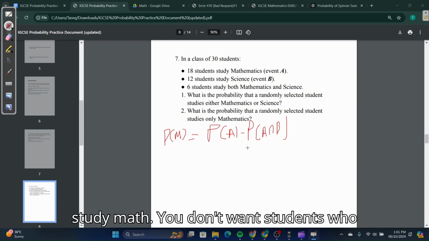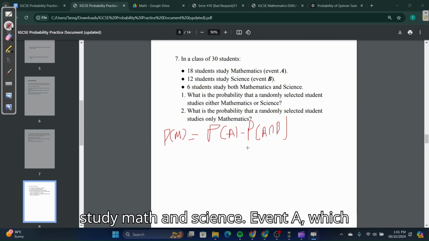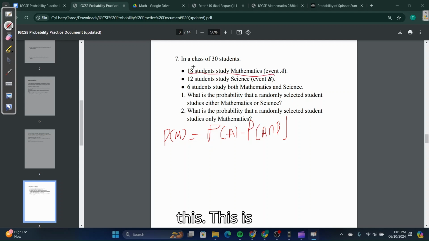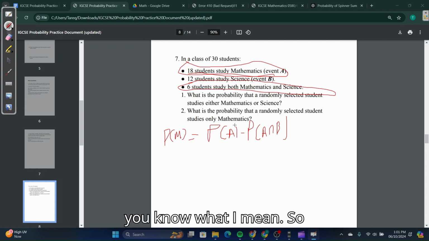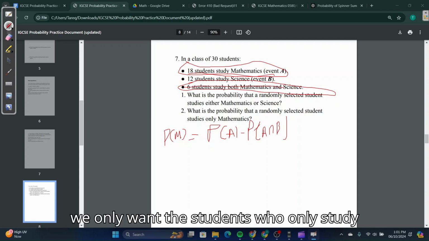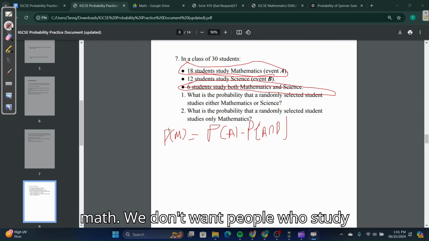You don't want students who study math and science. Event A includes this; this is part of this. So to clear this part out, we only want the students who only study math. We don't want people who study science.